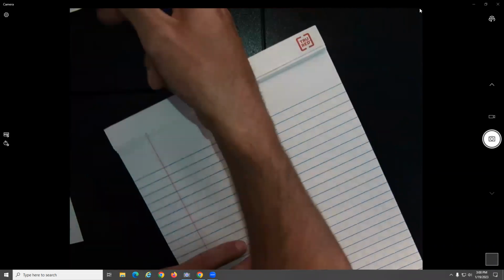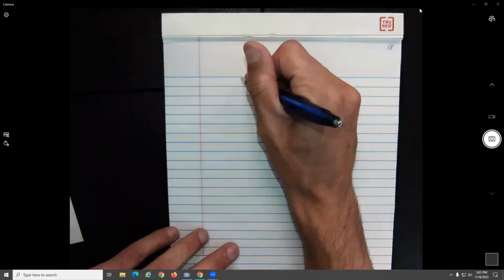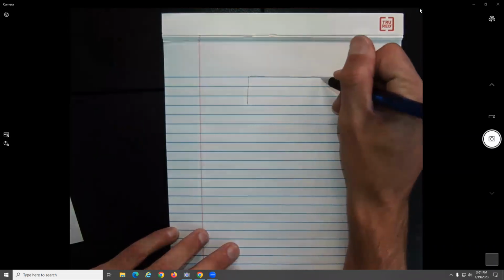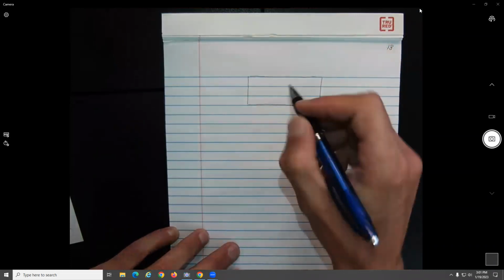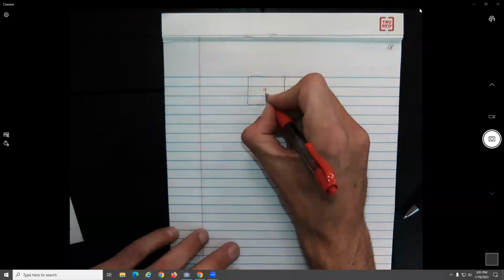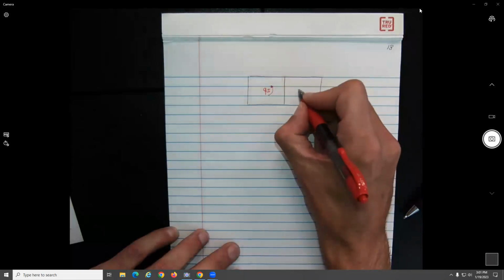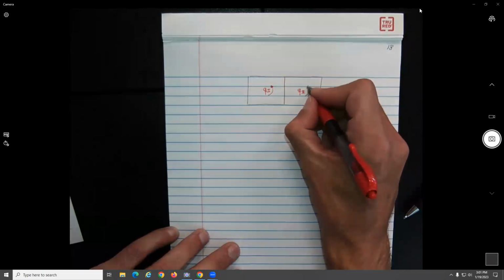Okay, so here it is. Two ways to do this. Personally, I think this is the best way to do it. So let me just redo the figure. So we know here we have Q1. Here we have Q2.